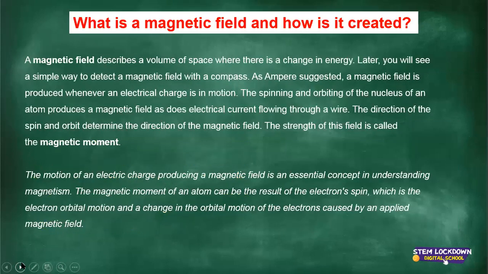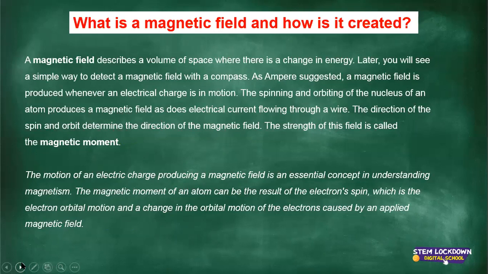So the magnetic field and how it is created. Let me explain that. A magnetic field describes a volume of space where there is a change in energy. So basically you have the space, right? And it's caused because the energy levels change, so there is a change in energy. You will see a simple way to detect a magnetic field is with a compass.